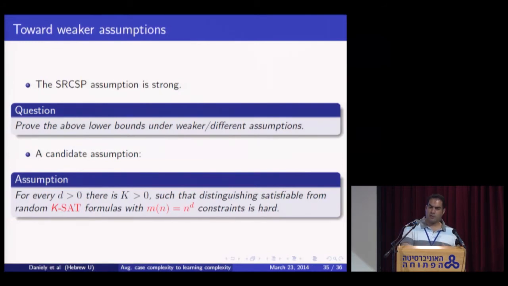And I think that we have a good candidate, which is the following assumption. So this is the strong random CSP assumption restricted to K-SAT predicates. So we assume that for every D, there is K, think again about K as much larger than D, such that it is hard to distinguish satisfiable from random K-SAT formulas with n to the D constraints.